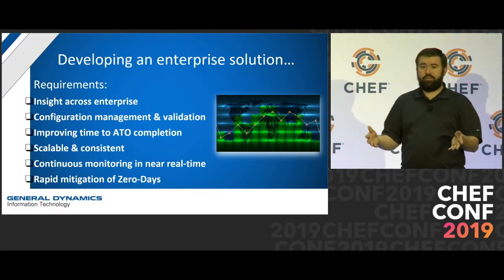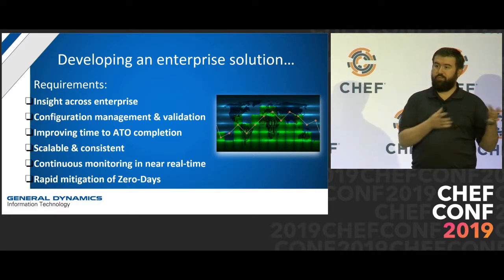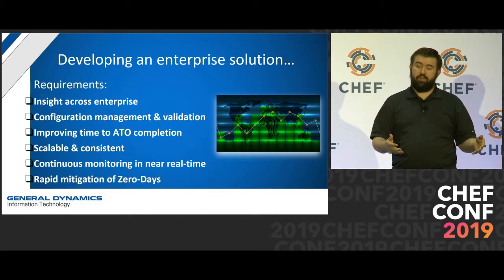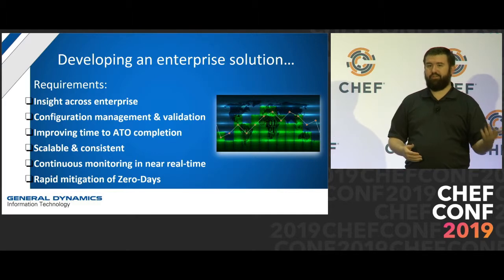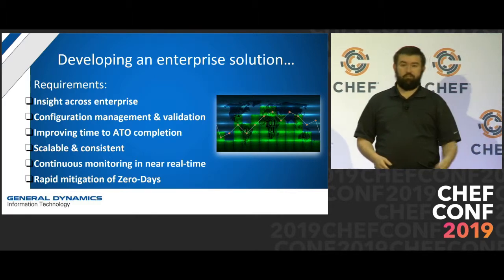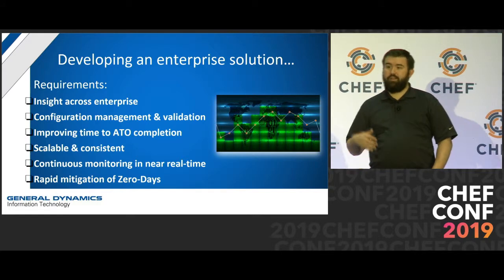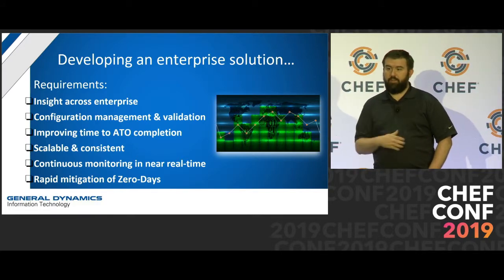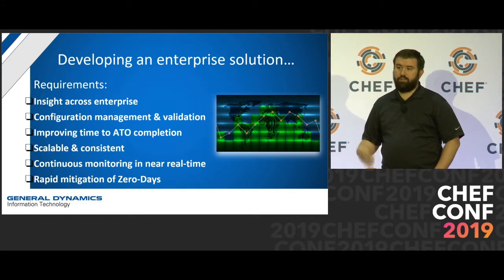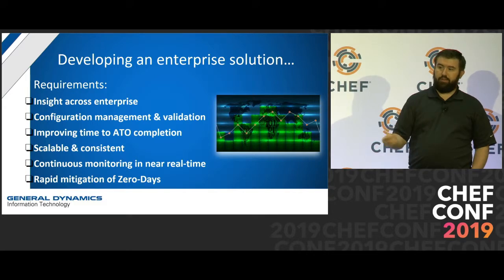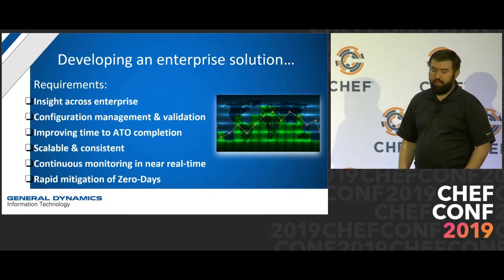Are they configured the same? Who knows? Maybe you had 4 different people configuring those systems, and one person decided, I don't want to use SELinux, or I don't want to use FIPS on this box, but another person did. So that consistency and being able to validate it was another important component of a good enterprise solution.